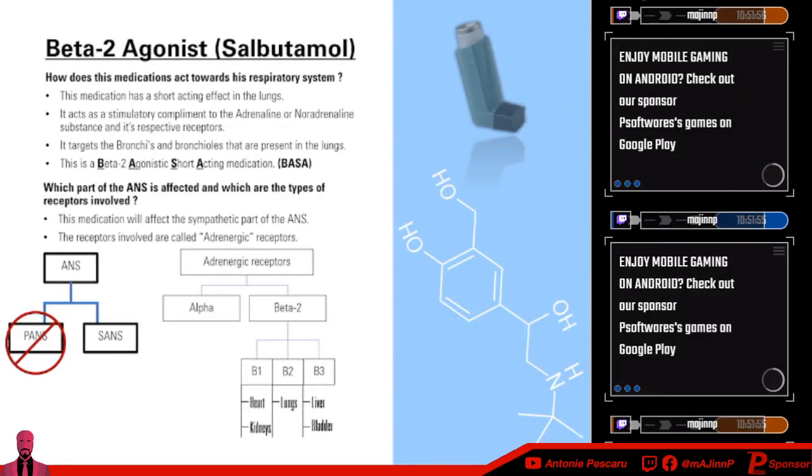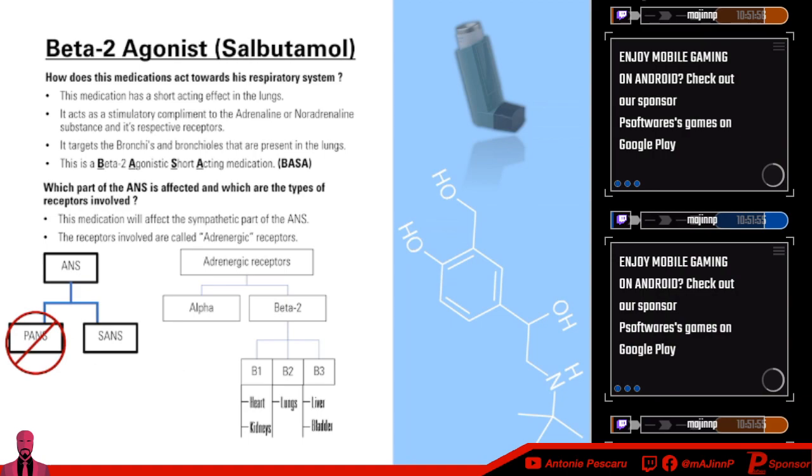Because this is where our adrenergic receptors are found. So, adrenergic, meaning that they will accept the secreted adrenaline and noradrenaline by the neurons that innervate the sympathetic nervous system.